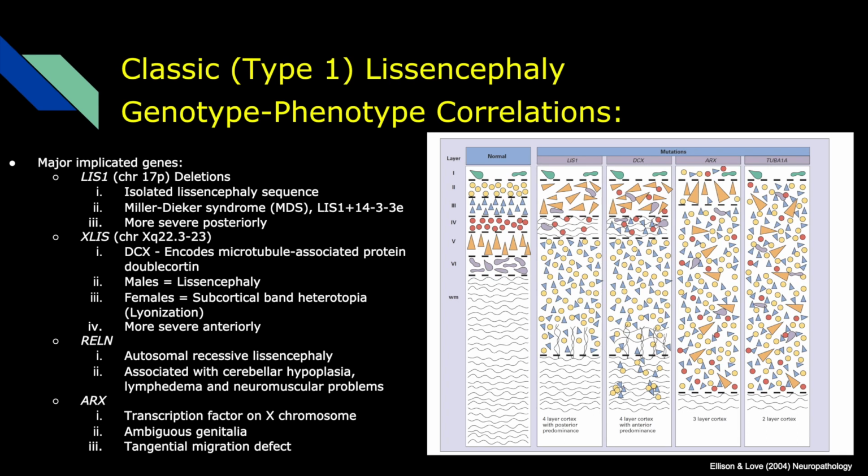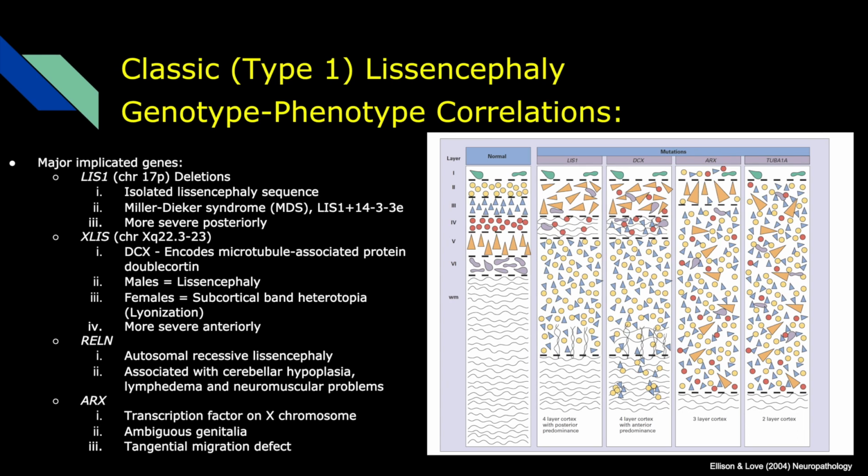In females you get a very similar biological mechanism to what we saw in periventricular nodular heterotopia, where females have a more subtle finding, as we'll see, due to lyonization. And this seems to occur more severely anteriorly, allowing you to make these genotype-phenotype correlations in the previous era where genomic testing may not have been ubiquitous.